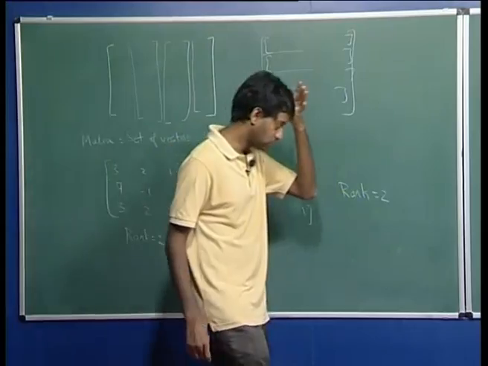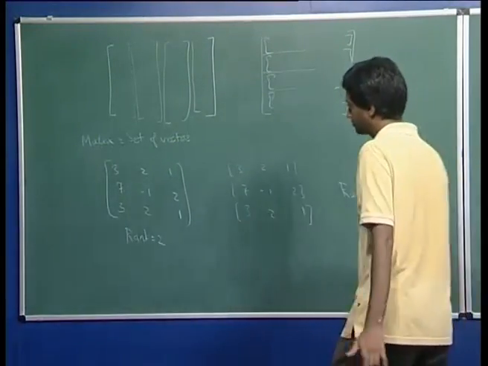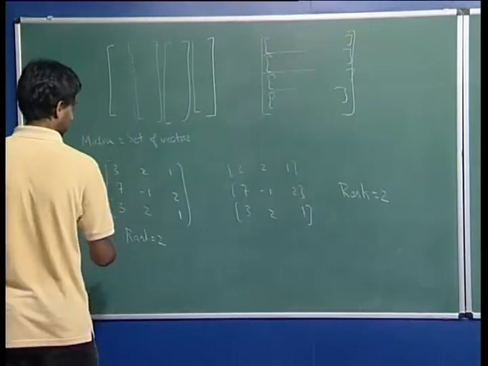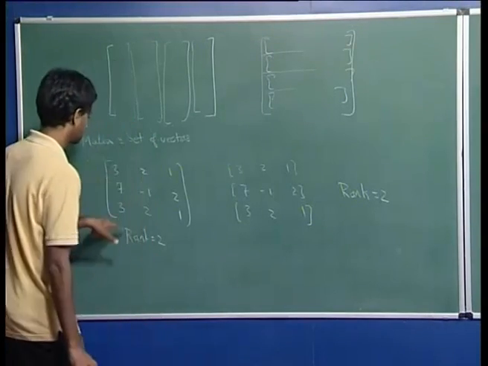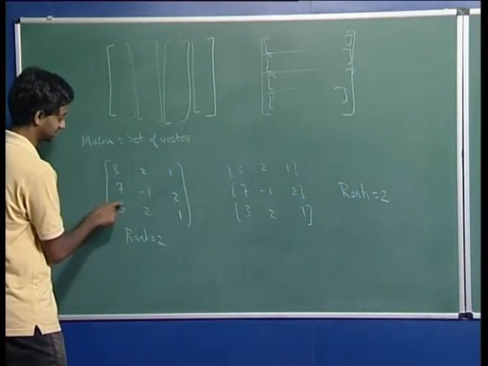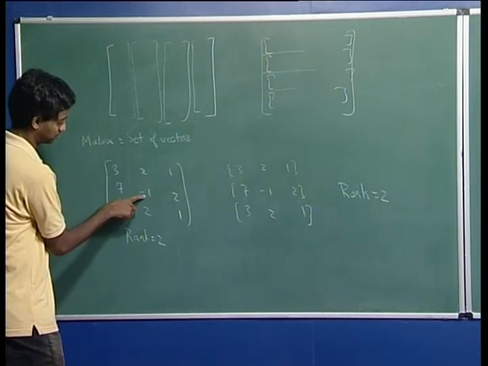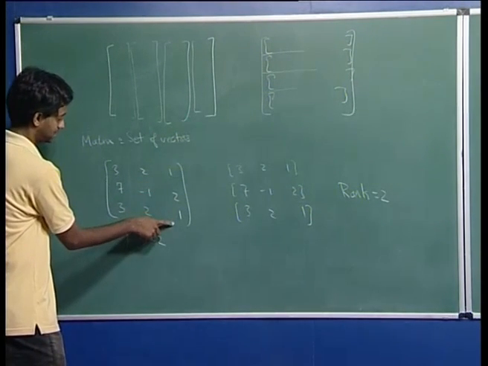Okay. So now if you had instead chosen to work with column vectors, you would say 3, 7, 3, 2, -1, 2, 1, 2, 1.